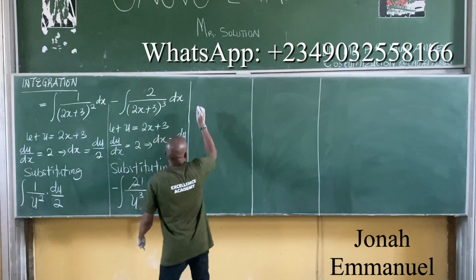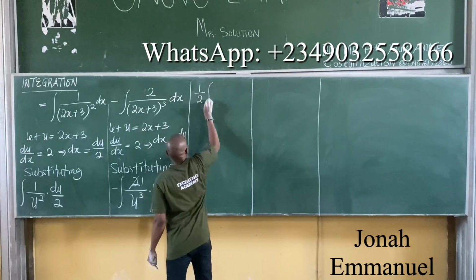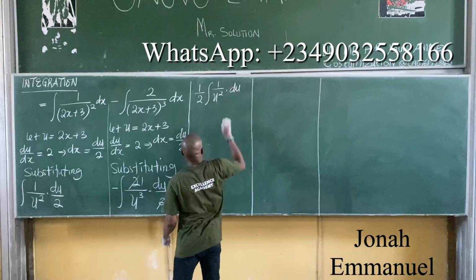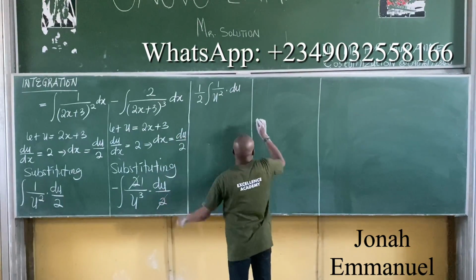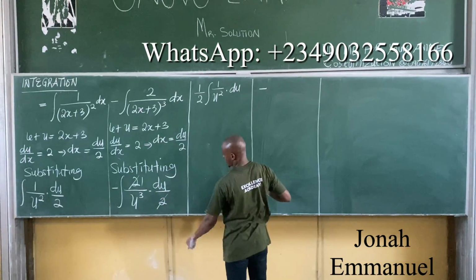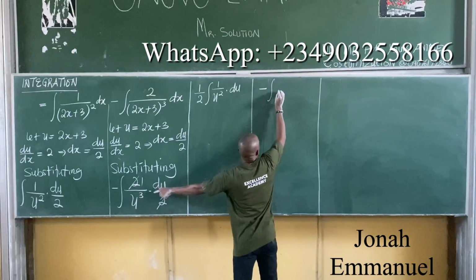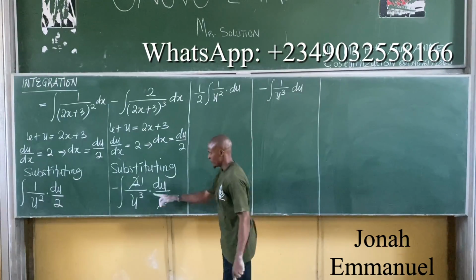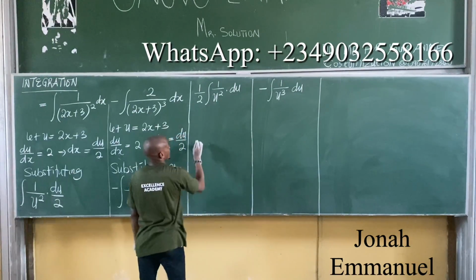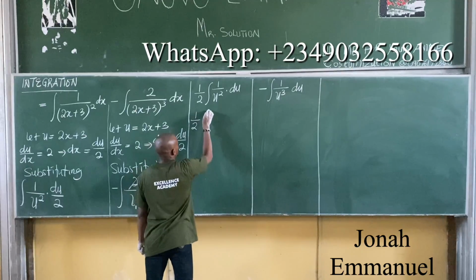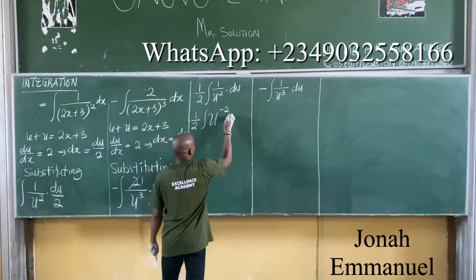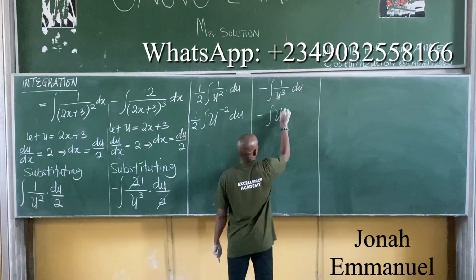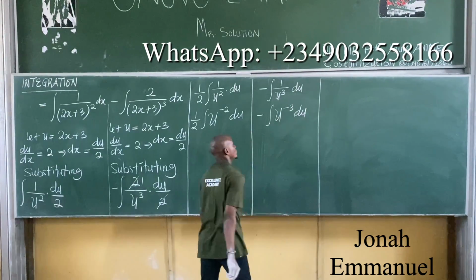Take it outside, becomes 1 over 2 integral of 1 over u squared du. For here I have minus integral of 1 over u cubed du. Express this in index form: 1 over 2 integral of u to the power minus 2 du, minus integral of u to the power minus 3 du.